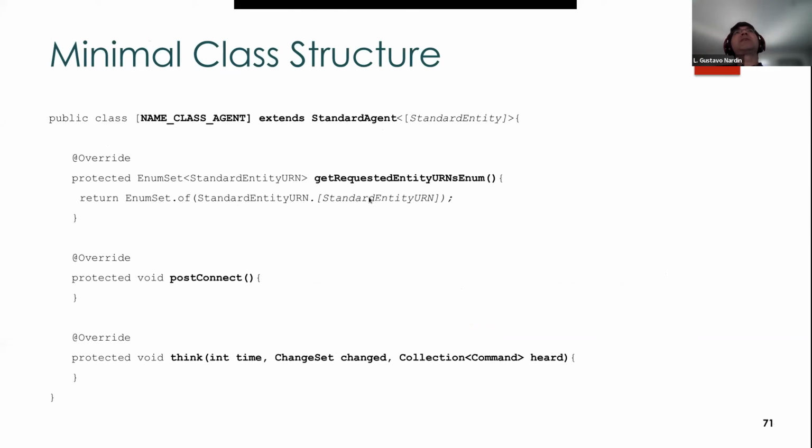The first one is get requested entity URN. The second one is post connect. We will see it in the next slide. And the third one is think. So this is the minimum structure for an agent to be able to connect to the simulator and perform actions. The standard entity URN is an enumeration, and these are the possible options.